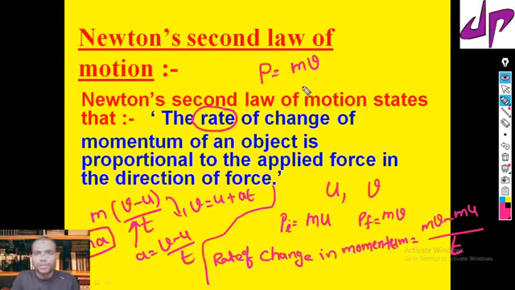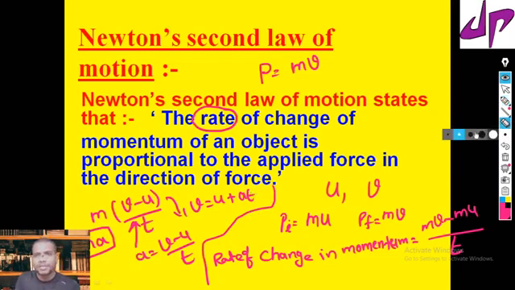So first we define momentum, then change in momentum, then rate of change of momentum. Finally, in place of that value (v minus u) upon t, we can substitute acceleration. That gives me F equal to ma.